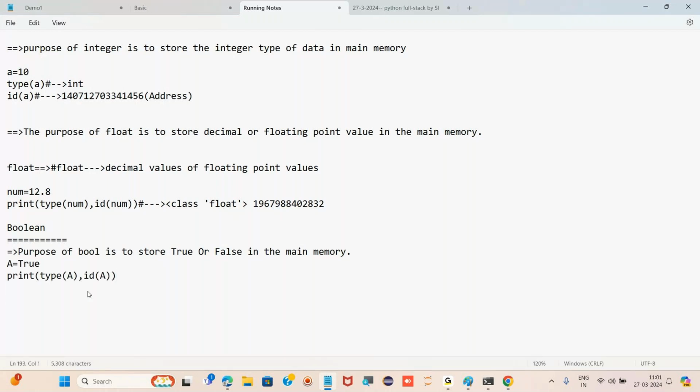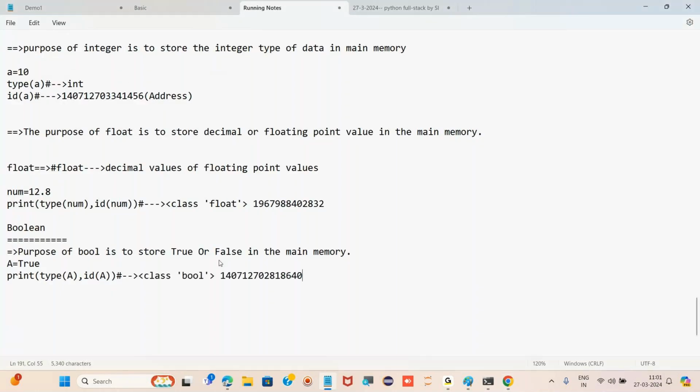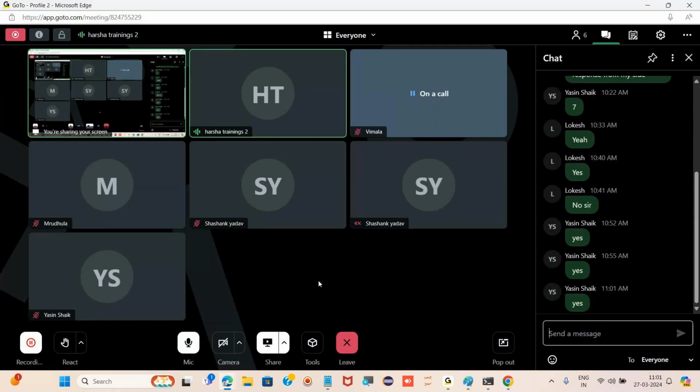What it will print? Output, the same thing. Fine. Getting my point? Yasin, Lokesh. Where is Lokesh? Again he left. Yes, yes, Pratyush. Okay, fine.